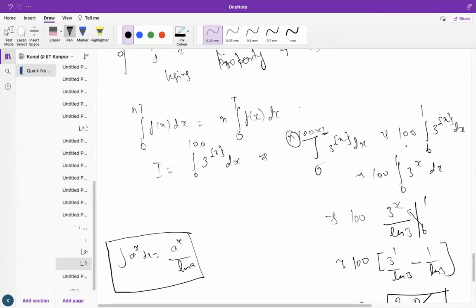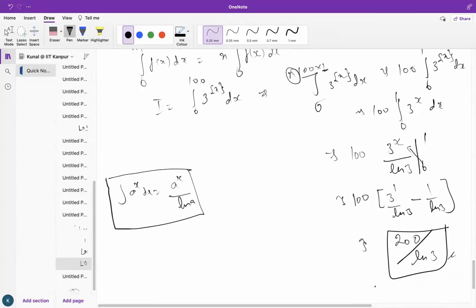So we are just writing the fractional part of x as x, and we integrate the following things and we get the favorable result. Whatever we get, this is our answer.